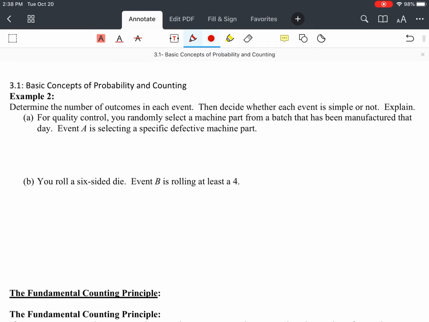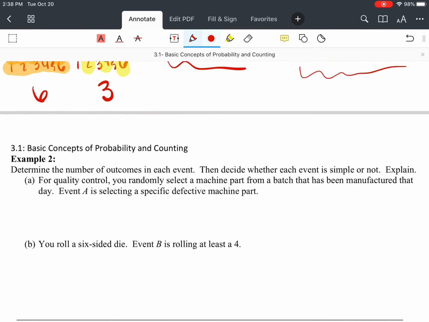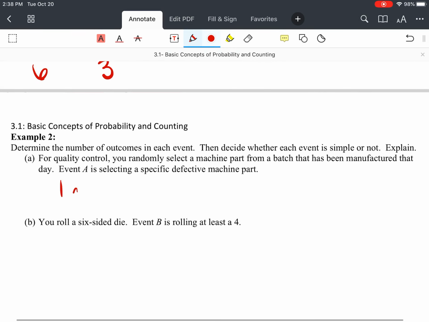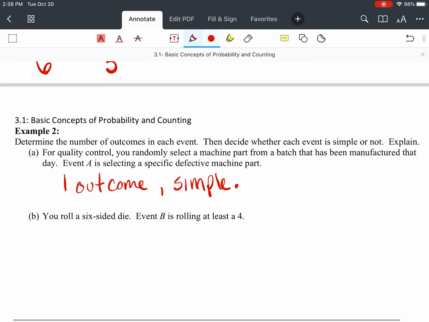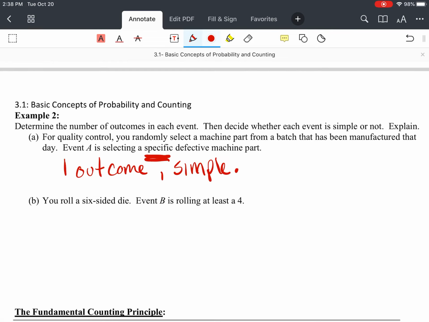So we're looking for exactly one machine part that's defective, and in this case, we only have one outcome that we're looking for. We're just looking for that defective machine part. This is a simple event, and again, it's because of that word specific, which tells us that we're looking for that one defective part.